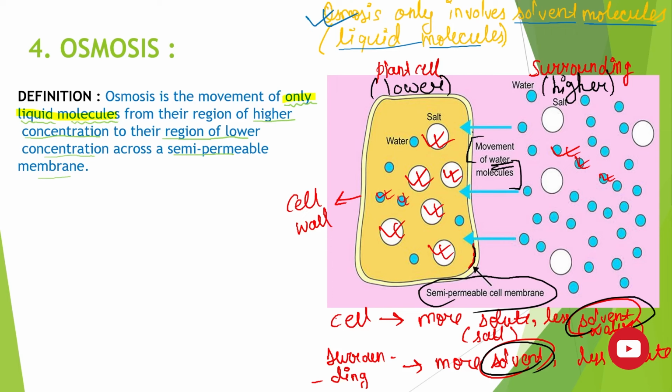So a question might be asked to you all: if osmosis is the exact opposite of active transport, then why can we not call it passive transport? We cannot call osmosis passive transport. Why? Because osmosis involves only the movement of water molecules. Active transport was a process which involved the movement of all types of substances.